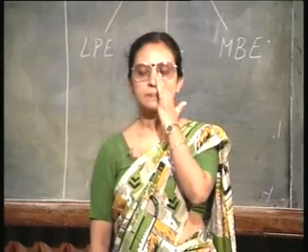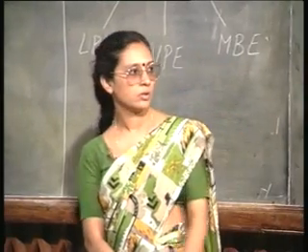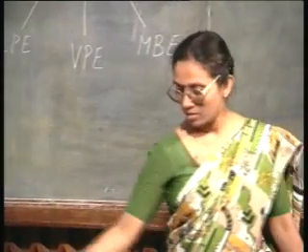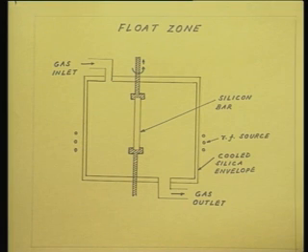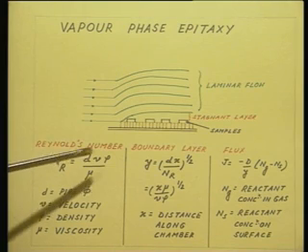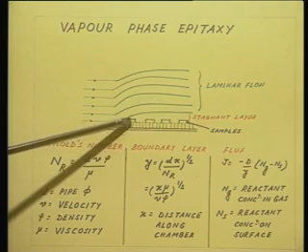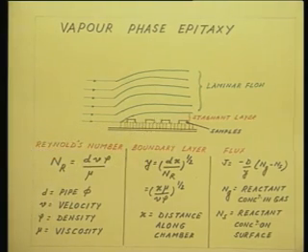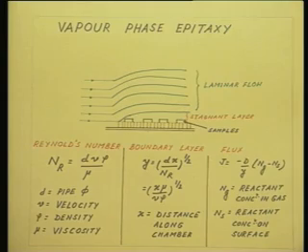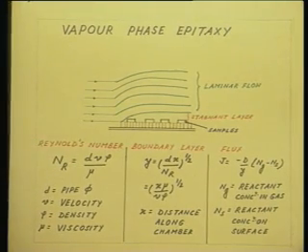Essentially, this system is very simple. Can you have the next chart please? You have a sample holder here and a few samples placed on top of it, and you have a flow of gas.